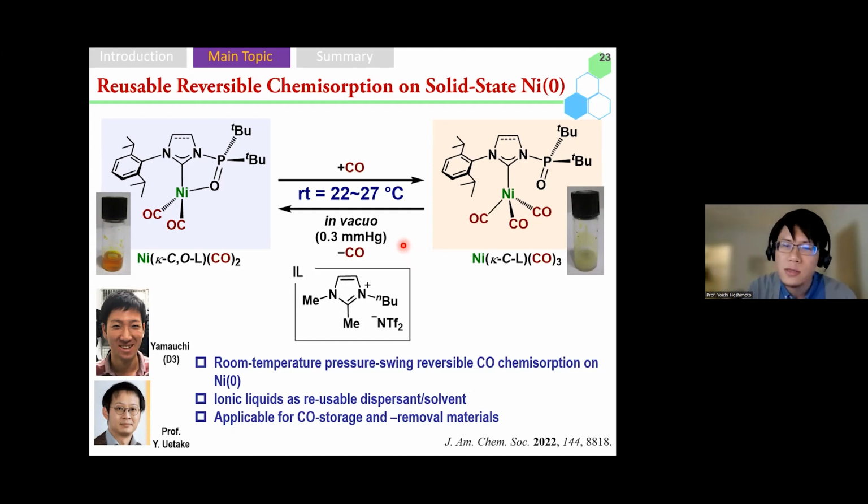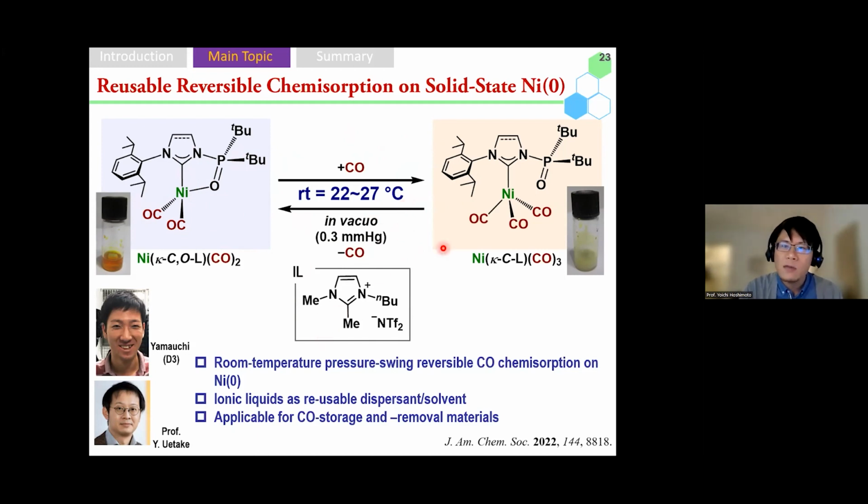But in our case, the hemilabile coordination ability of the N-phosphine oxide assisted the substitution mechanism for CO coordination and dissociation, which eventually established room temperature reversible CO chemisorption on a zero-valent metal center.